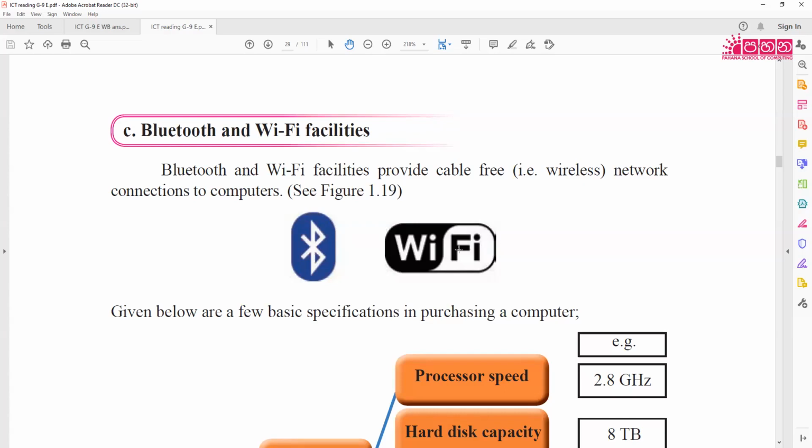But all these technologies have differences. For example, Bluetooth has limited coverage, maybe a couple of meters you can transfer files. If you go beyond that, the signal strength is not sufficient to transfer files.